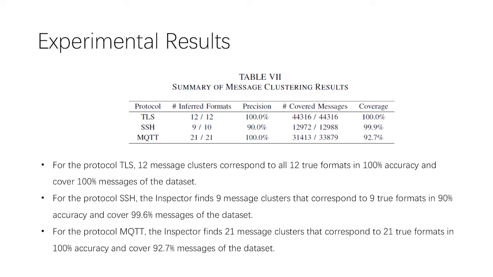For the protocol MQTT, the inspector finds 21 message clusters that correspond to 21 true formats in 100% accuracy and cover 92.7% messages of the dataset. This experimental result shows that the inspector can perform very well on the message clustering and can automatically filter out unformatted messages from the clustering.